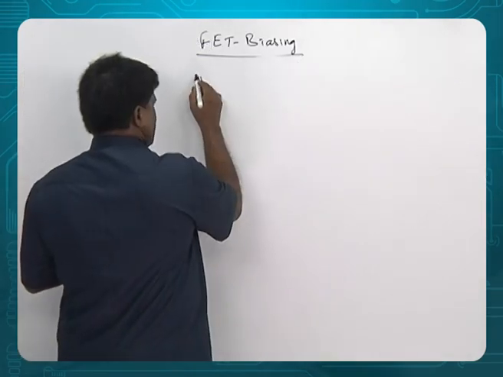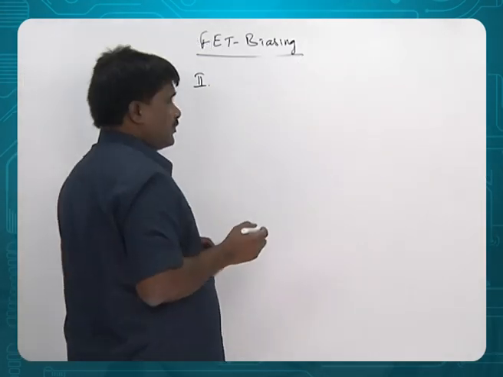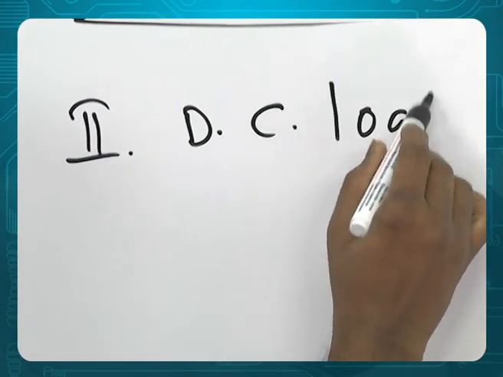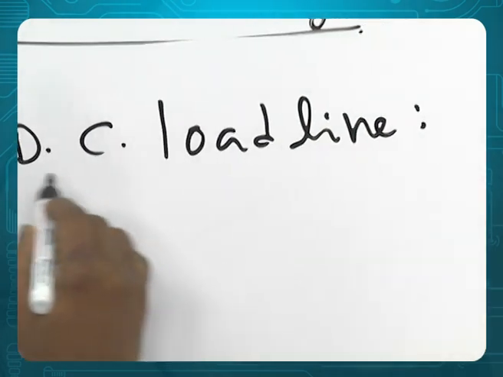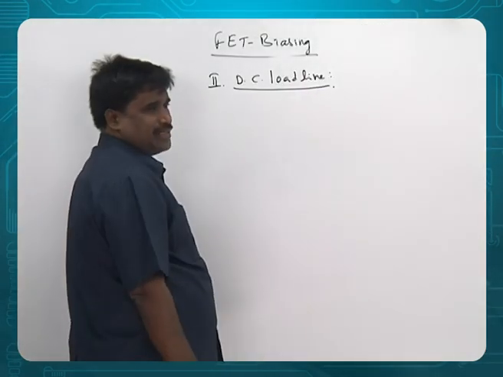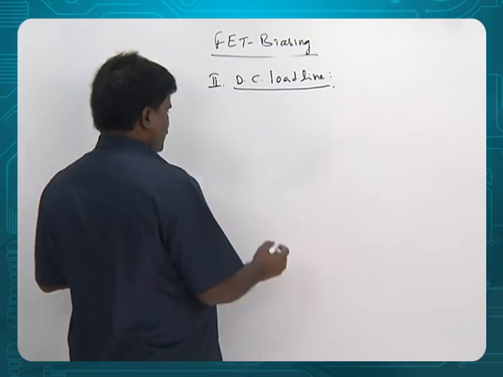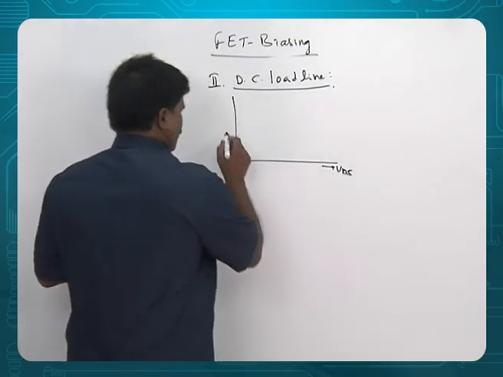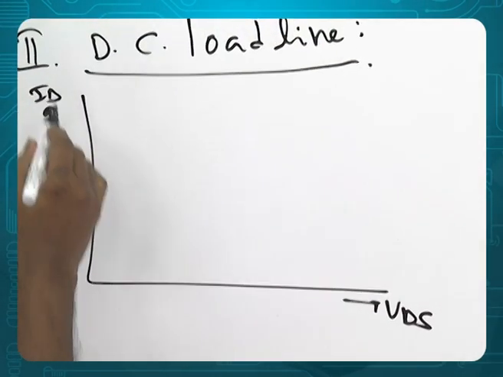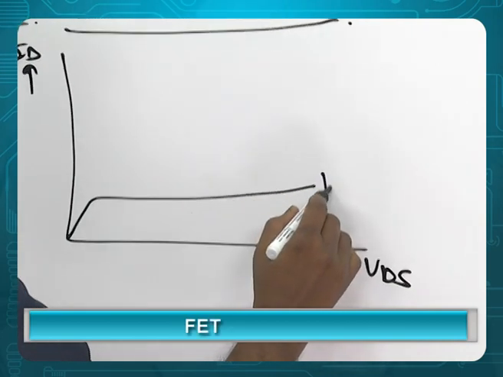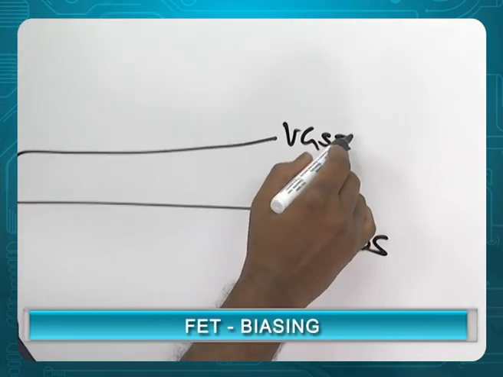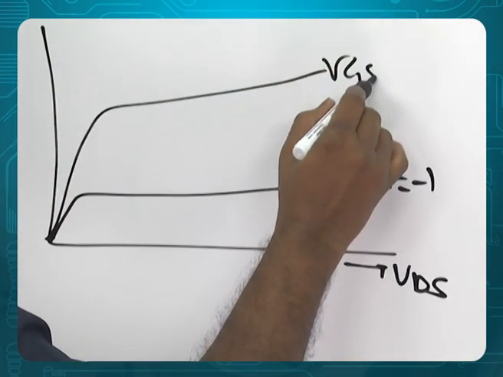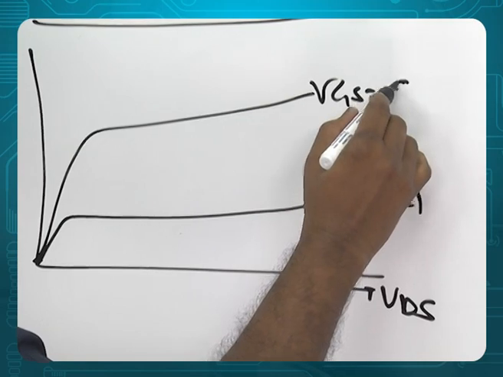The second point is DC load line. For example, look at these characteristics: VDS versus ID, VGS -1, VGS 0.